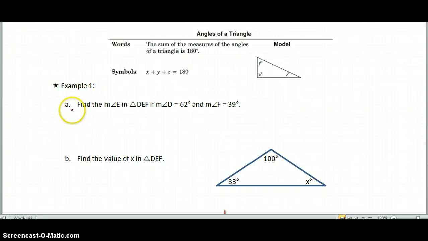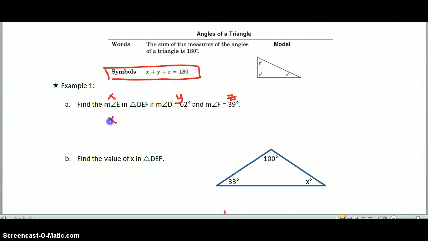For example 1a, there's not a picture of this triangle. There's some triangle named DEF, and we're going to look for the measure of angle E. The measure of angle D is 62. The measure of angle F is 39. So this can be my X, this can be my Y, and this can be my Z in the formula here.